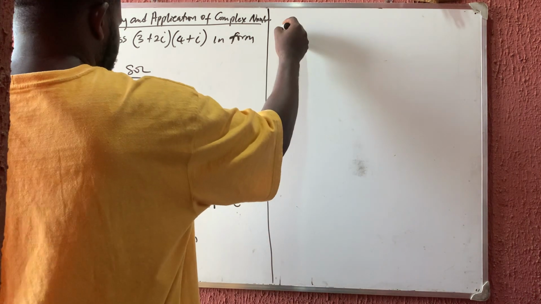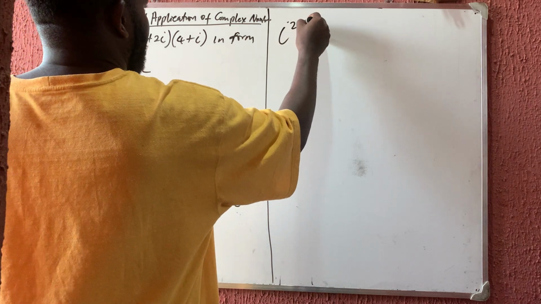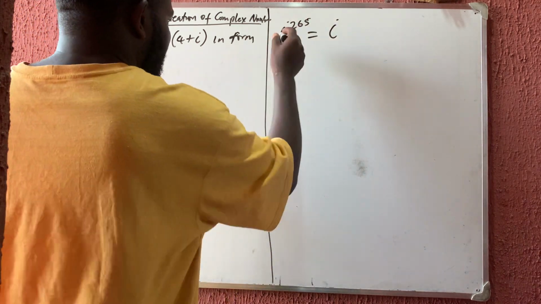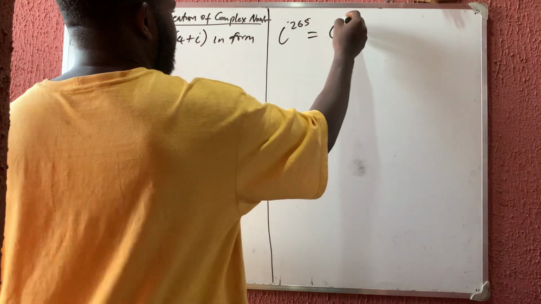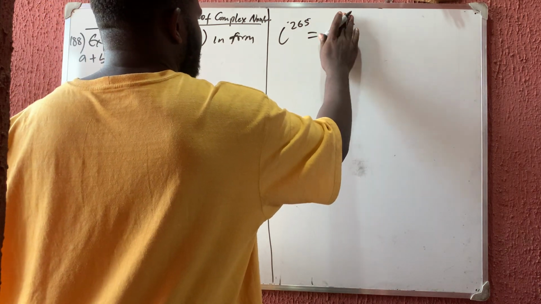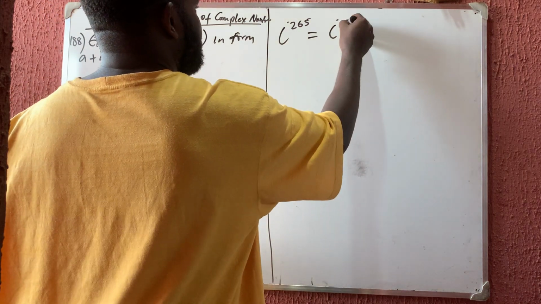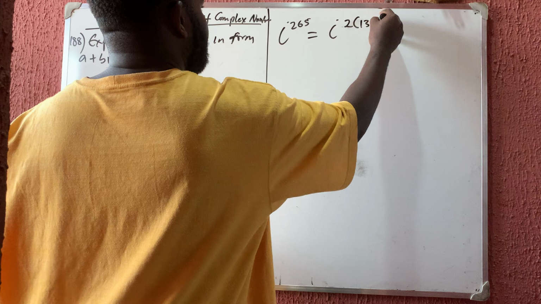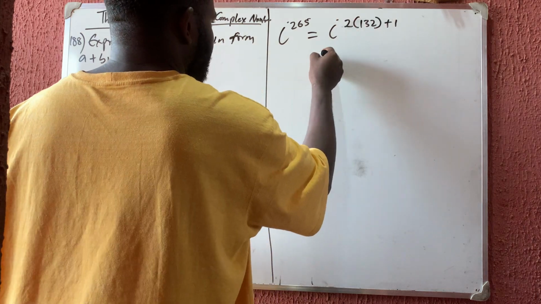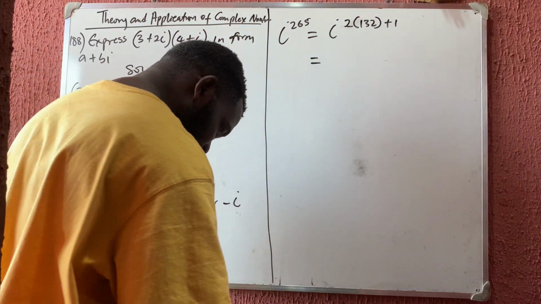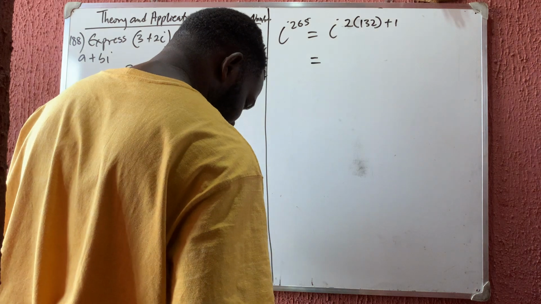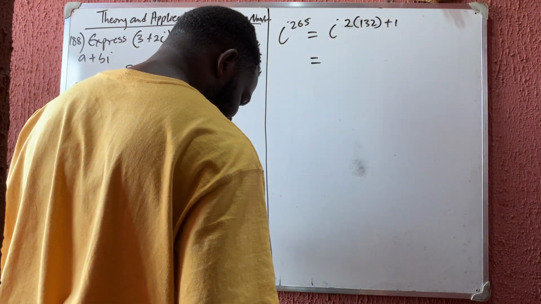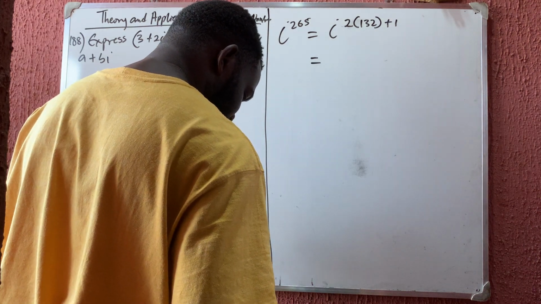Or if you want to solve it, you have that i raised power 265 is equal to i raised power 2 times 132, then plus 1.